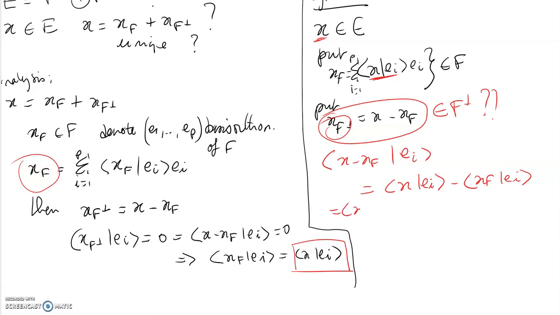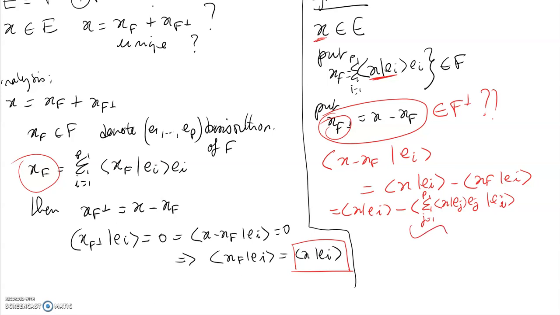That's X EI minus, so XF was the sum of, let me take another index so that we don't get mistaken, J is equal to 1 to P of X EJ, EJ with respect to EJ. EI, sorry, that's really the I. This one is correct, let me erase that if I can. Okay, so that was really the I here.